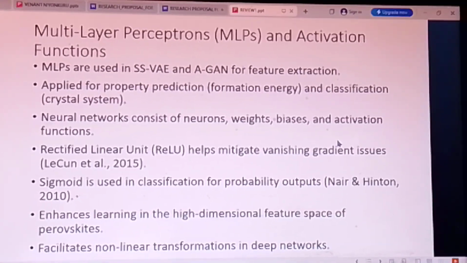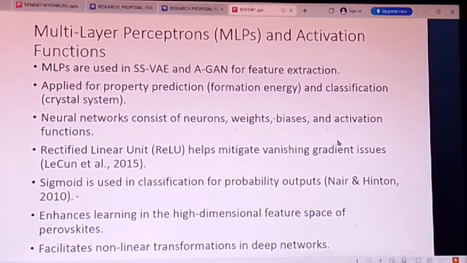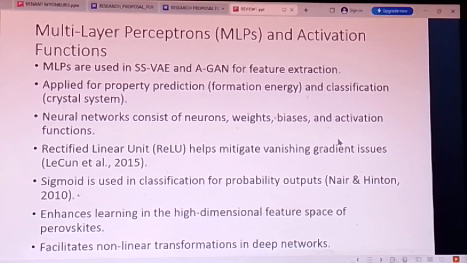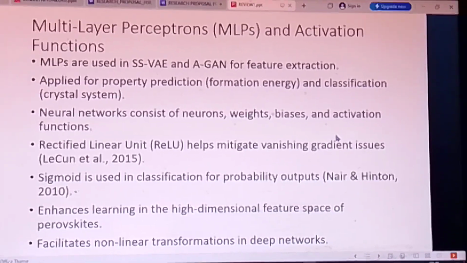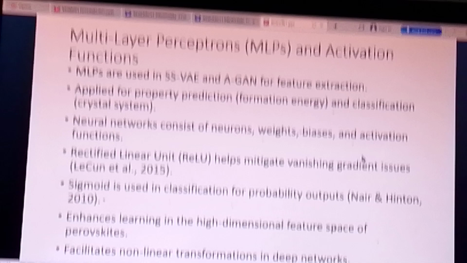Learning in the high-dimensional feature space of perovskites facilitates nonlinear transformations in deep networks.